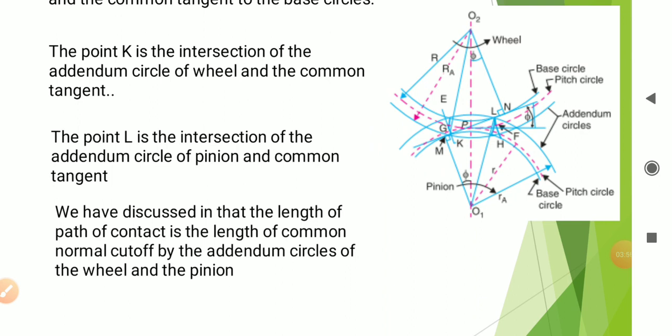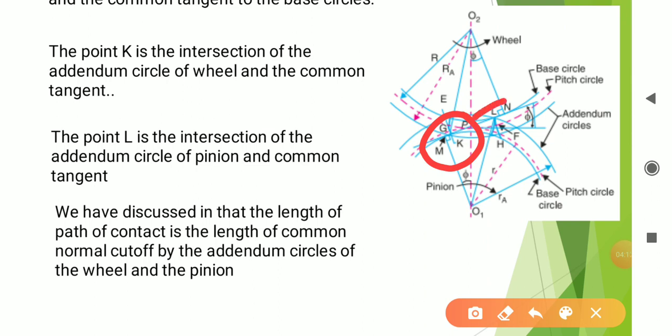The intersection point of the addendum circle of the wheel is K, and the intersection point for the pinion is L. So simply KL is the length of path of contact, because it is cut by the addendum circles of the pinion and wheel.